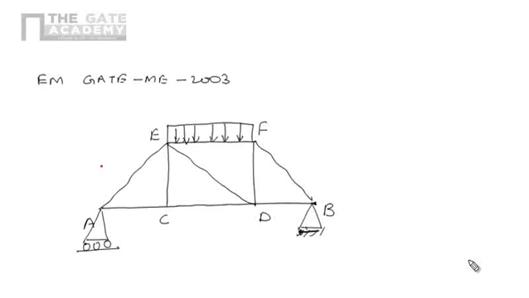And the length of each member is L. So obviously the inclination of member AE will be 45 degree, which is making an angle 45 degree with the horizontal. Similarly, DE also makes 45 degree, BF also makes 45 degree.